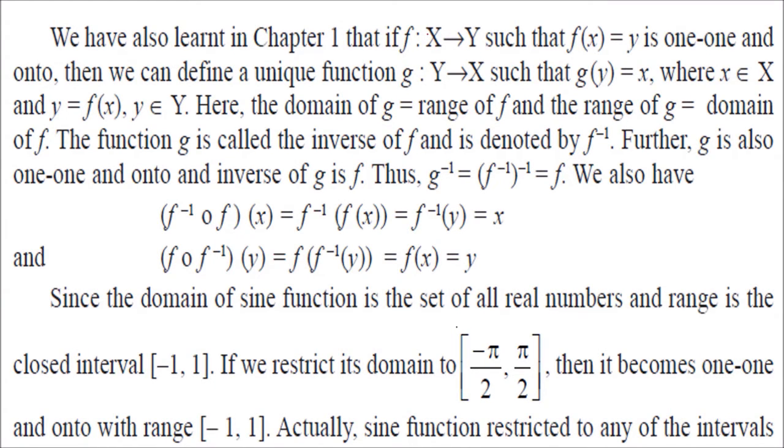For any function f from X to Y, these X and Y are sets. Just understand it like this: this is set X, this is set Y. So we are talking about this.